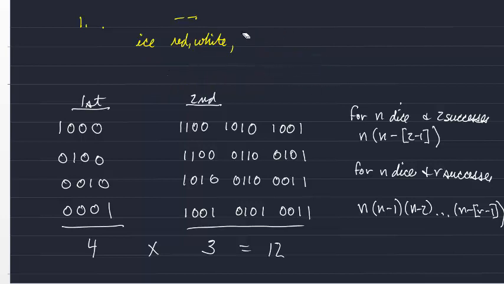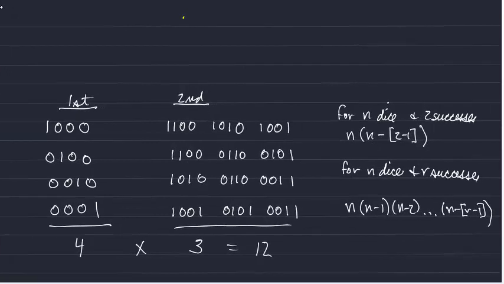What we just derived was how to get the total number of permutations of two successes, or two rolls of 6 out of a total of 4 dice. And one thing you'll notice is that we got some redundant answers. In one case, for example, the yellow dice was our first roll, and that gave us a success.